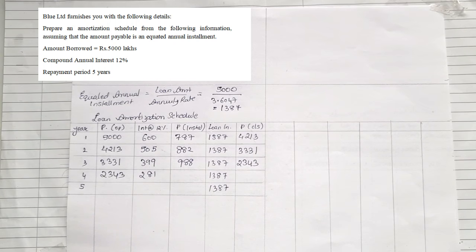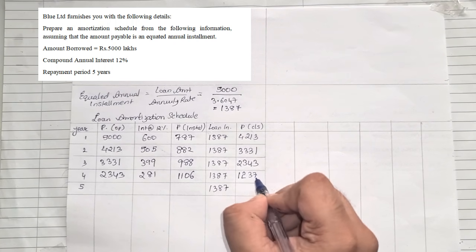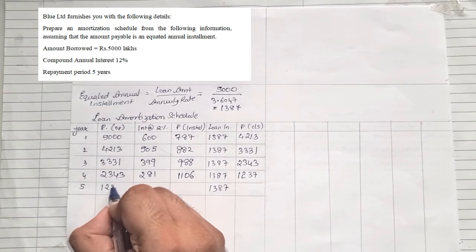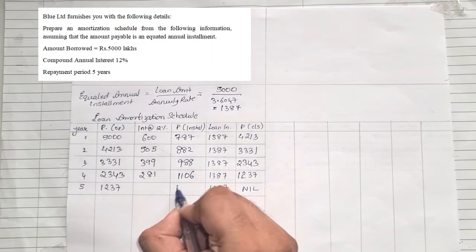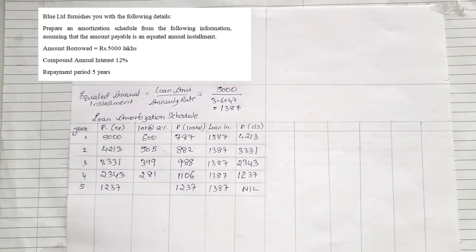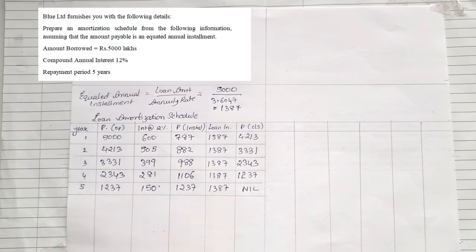Again 1387 minus 281, the balance will be 1106. 2343 minus this amount will give you 1237. Last year's closing will become this year's opening 1237. Now at the end I want it to be nil, so my principal will be 1237, and 1387 minus 1237 will be the value of interest, which comes to 150. Okay, that is how we need to solve the loan amortization schedule.